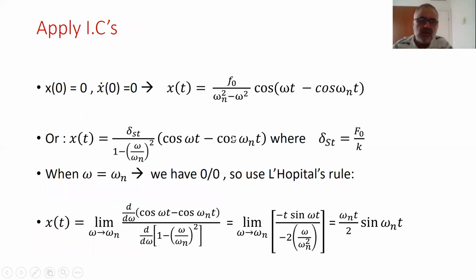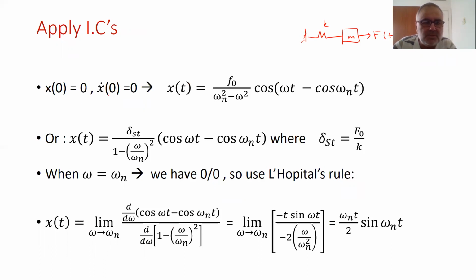Okay. Now, let's apply our initial conditions and let's take the simplest possible initial conditions. Let's say that in our system, like this mass spring system, K, we apply a force of f of t equals f0 cosine omega t, okay? And then the initial conditions are 0. We suddenly start applying forces.